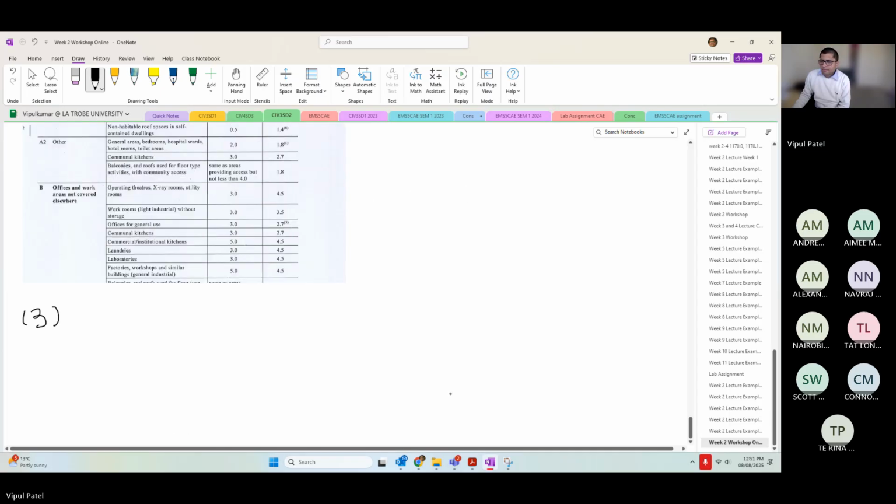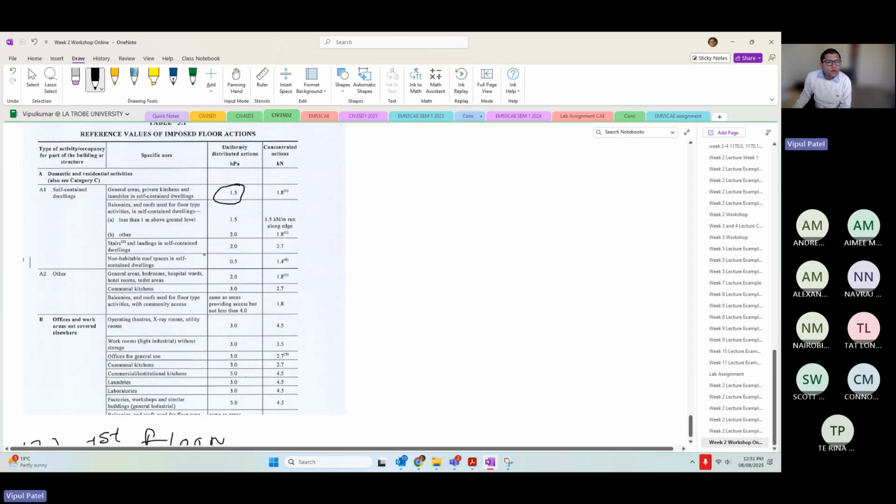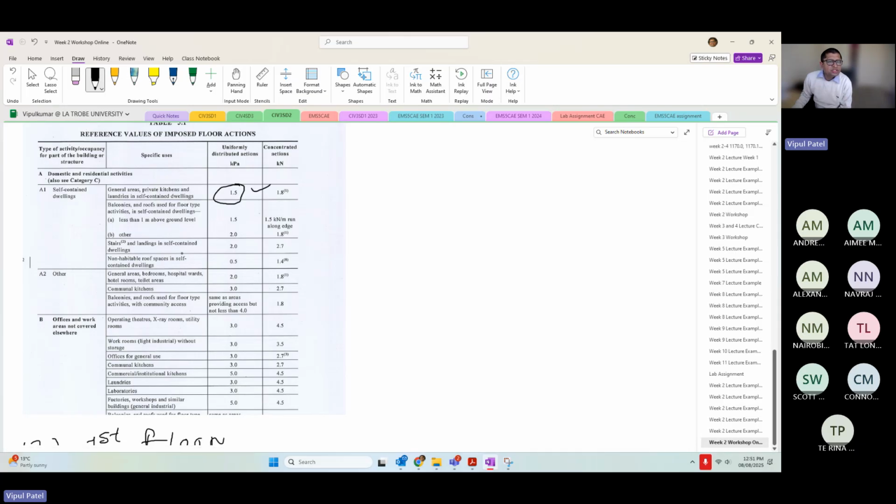First floor, you will have again two different values, because you have a balcony as well. So let's say you have a first floor live load. Now in the indoor, you can see indoor is 1.5, because again this is general area like bedrooms and kitchens.